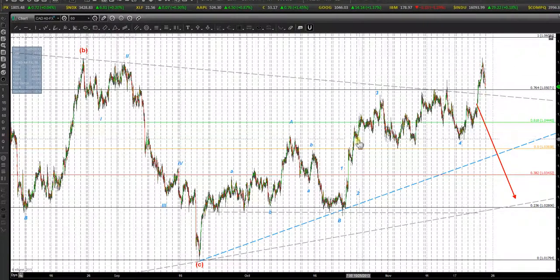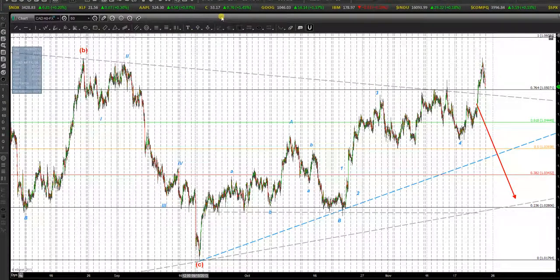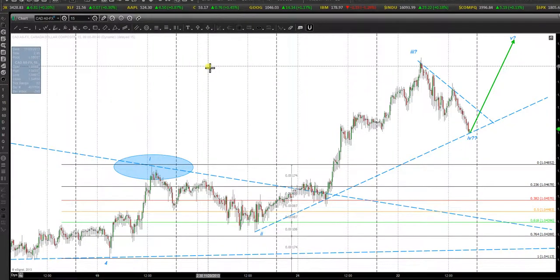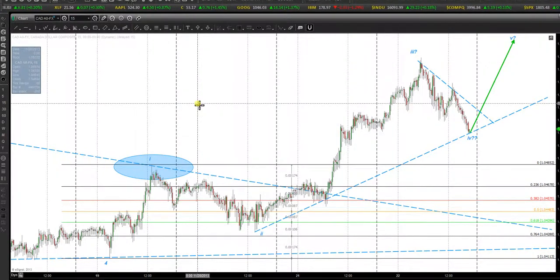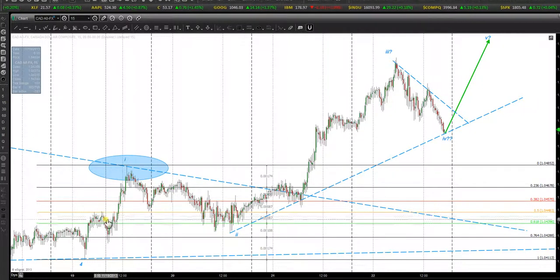As we take a closer look, it still appears as if we're in that C wave, and we should be seeing the end of it coming towards 105.8. The reason being is that as we drop down on the 15-minute charts, we saw the impulses as follows.